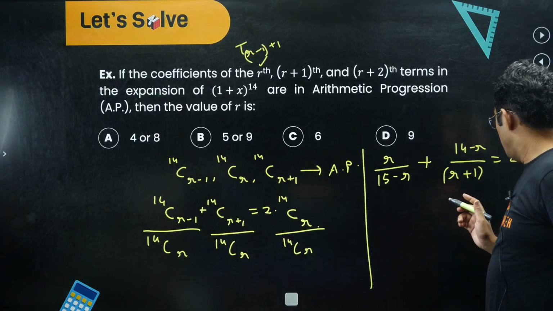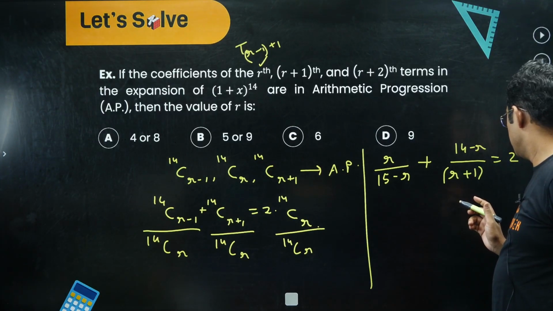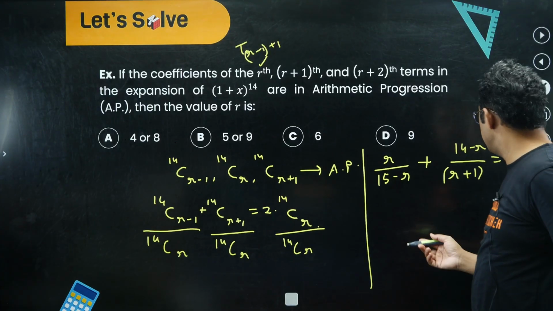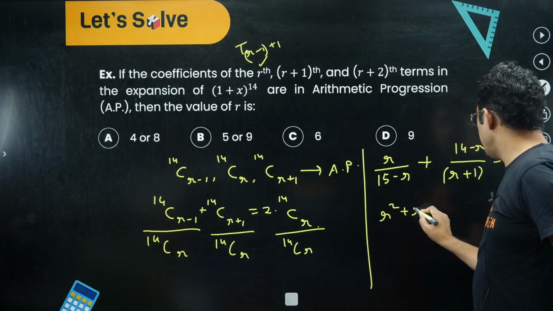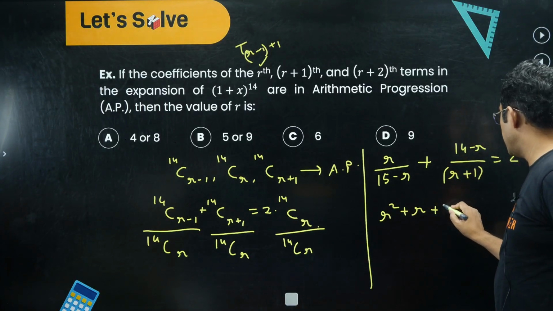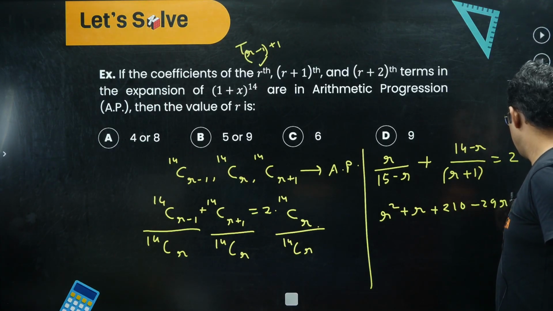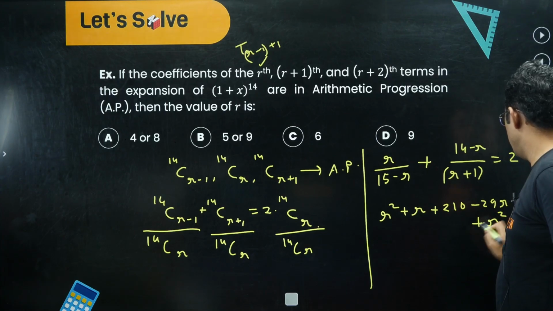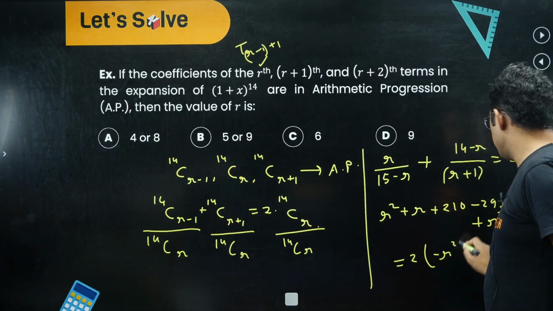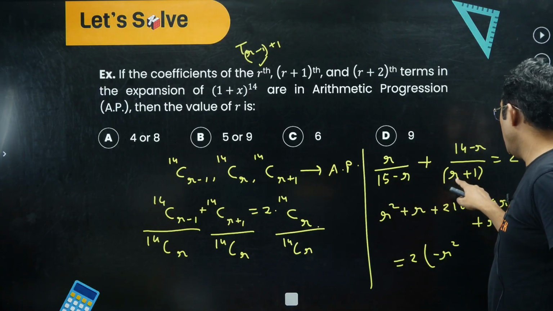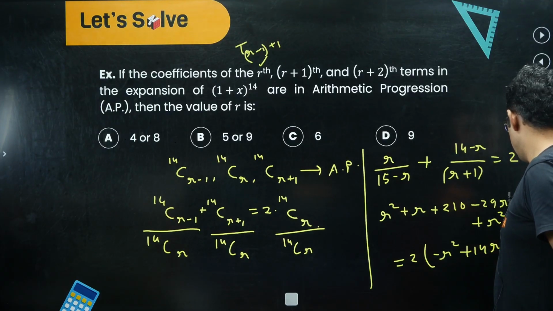Okay, so I think we have to take the LCM, no other option. It will be r square plus r plus 14 into 15, which is 210, and then minus 29r minus r square, and that will be equal to 2 times the multiplication of these two, so minus r square plus 14r plus 15.